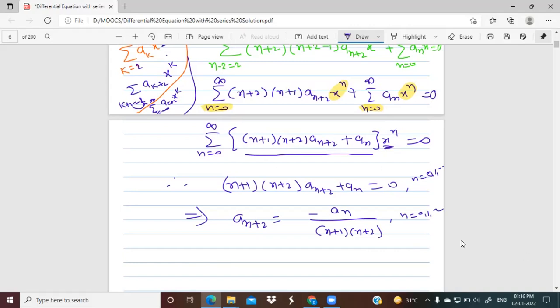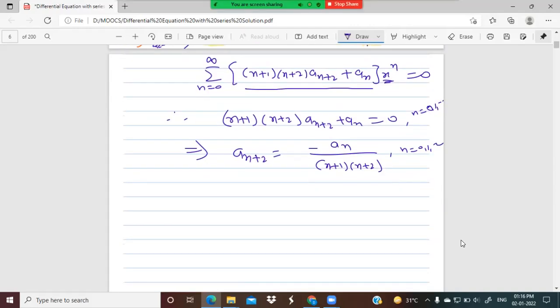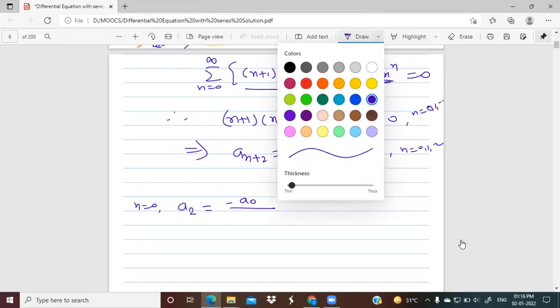Now we are getting this as a representation, and we will try to find out the values of a0, a1, and so on. I will put n equal to 0, then what will happen? n equal to 0, a2 is equal to minus a0 divided by 1 into 2. I am putting it. This is my final representation.